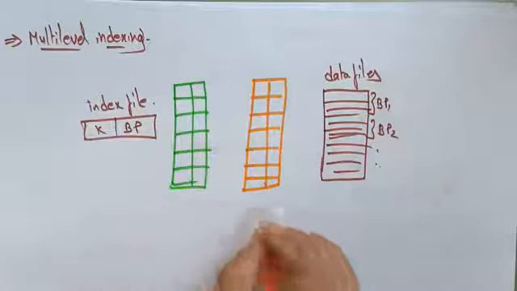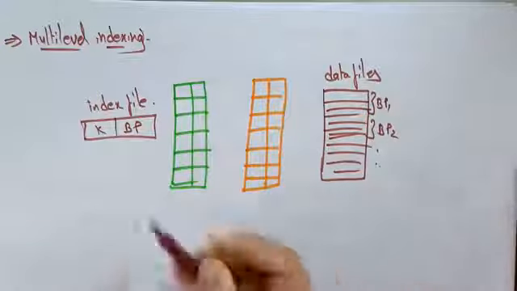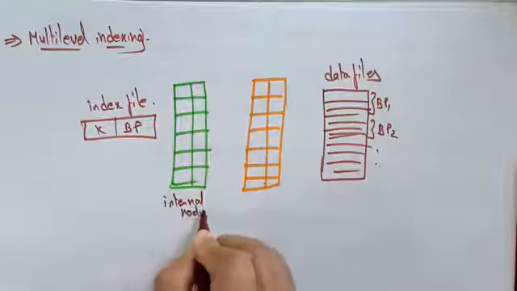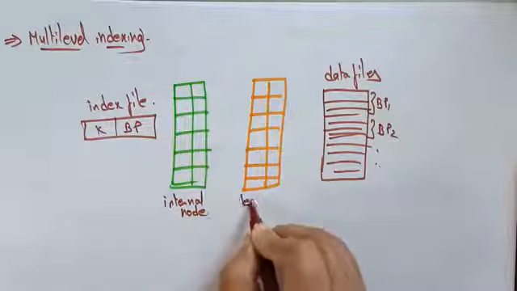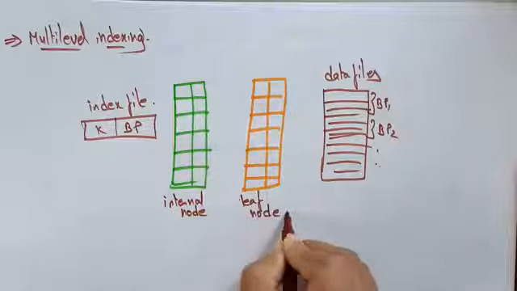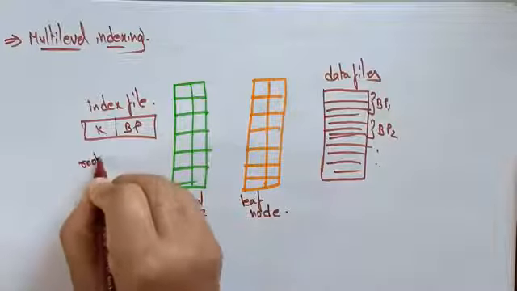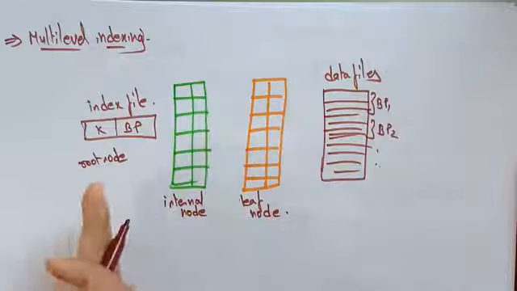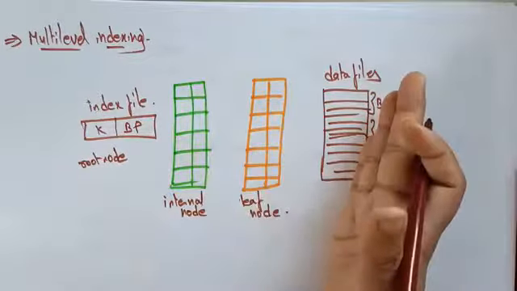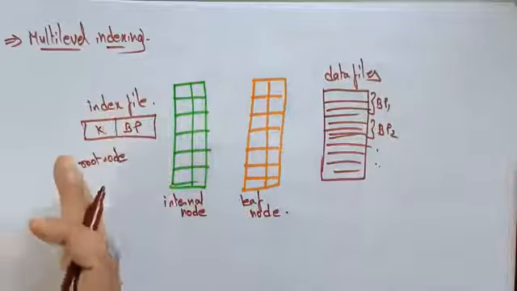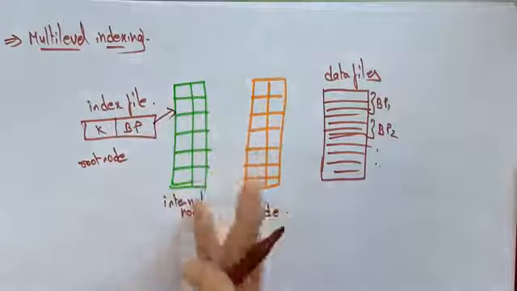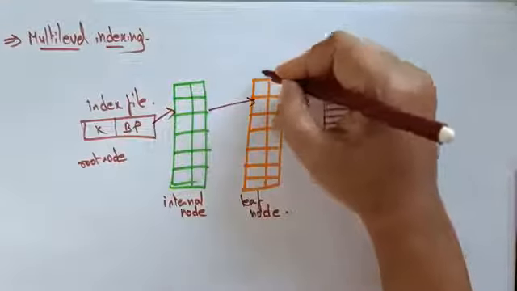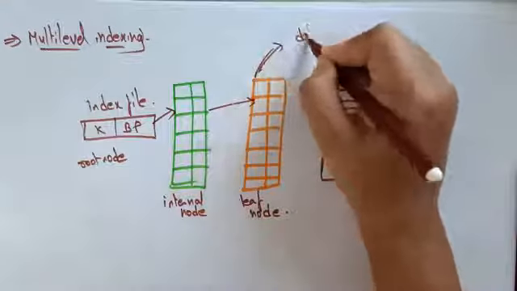So this is the internal node, this is a leaf node, and this we know is the root node. In multi-level indexing, if you want to communicate with the data files, the index file will communicate with the internal node and then the leaf node, where the leaf nodes actually hold the data values.